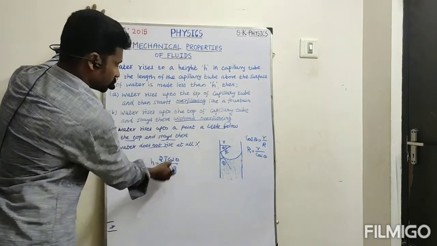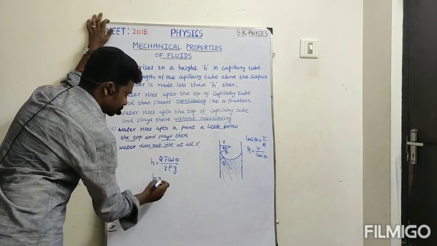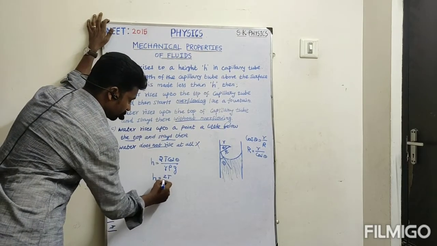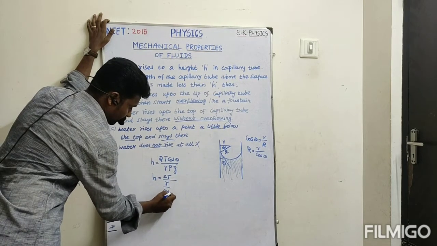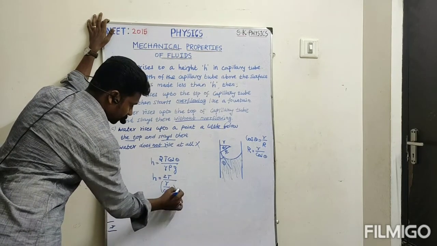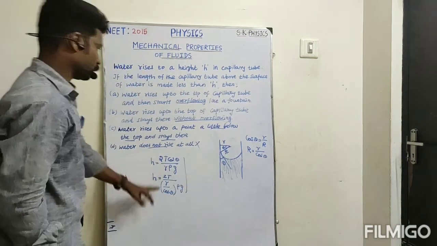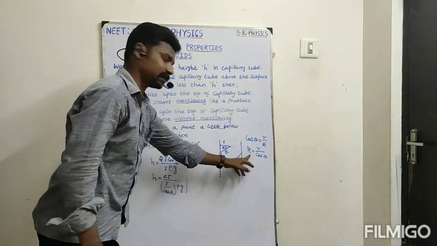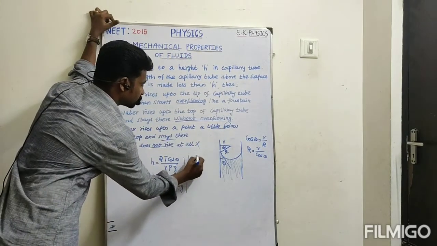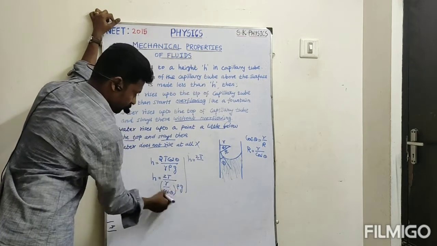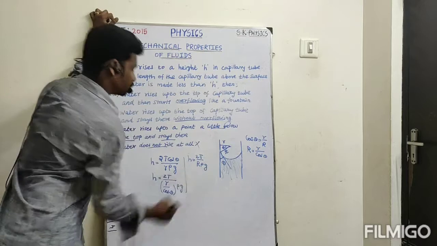So observe this term: the height of the capillary tube is equal to 2T divided by r by cos theta, into rho into g. We know very well r by cos theta we can write as capital R, so h is equal to 2T divided by the radius of the meniscus, rho into g.